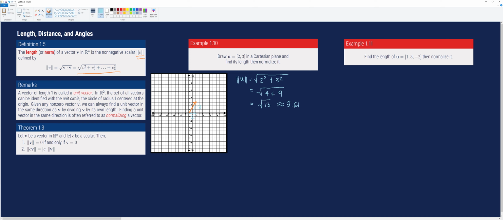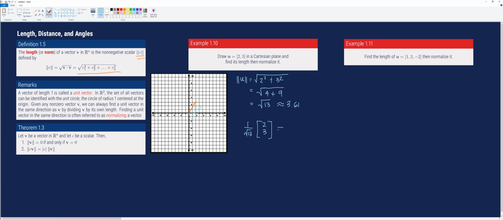To normalize the vector, we divide the vector by its length. Or in other words, we multiply the reciprocal of the length of the vector, which is square root of 13. So the reciprocal is 1 over square root of 13, and our vector is (2, 3).